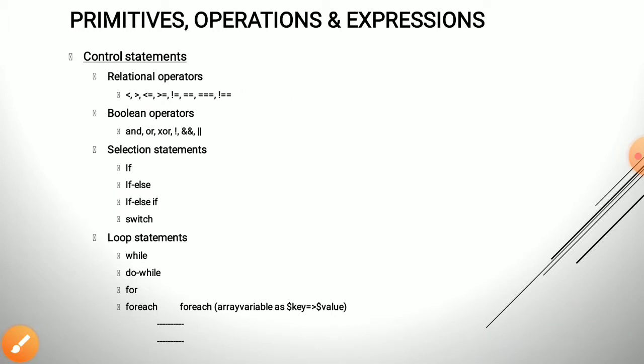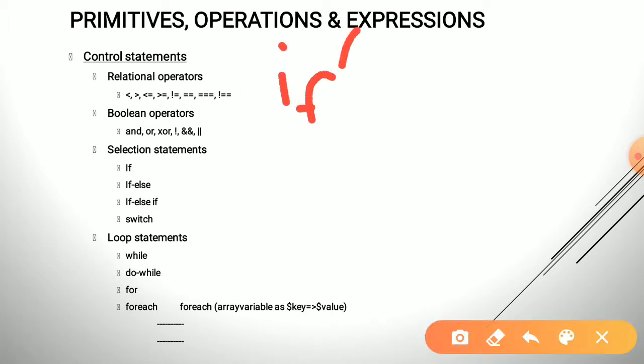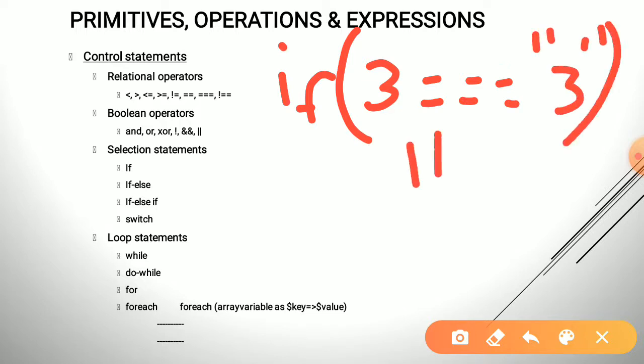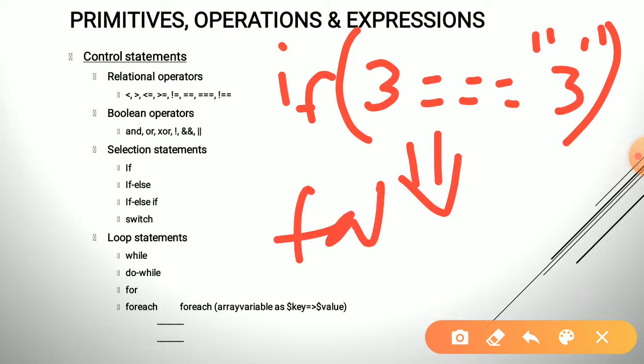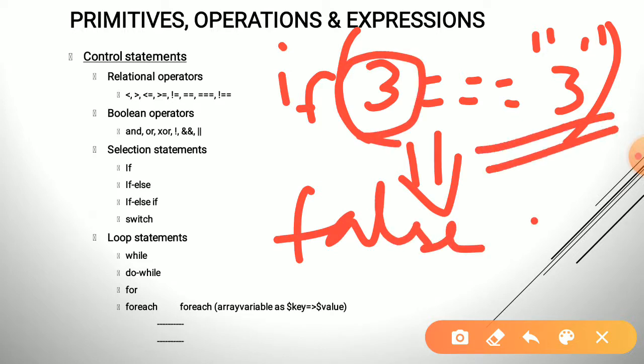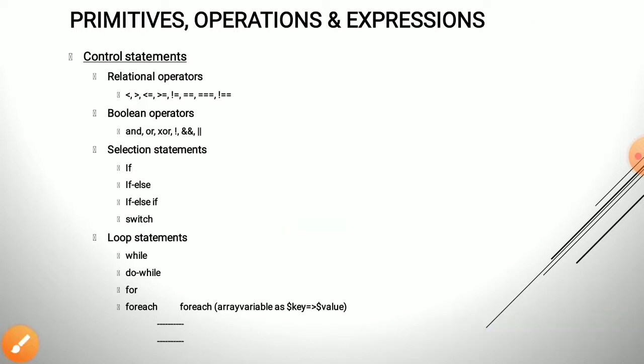But if we use 3 triple equal to the string "3", then it will return a false value, because this one is an integer value and this one is a string value. This is the difference between double equal to and triple equal to, strictly equal to.